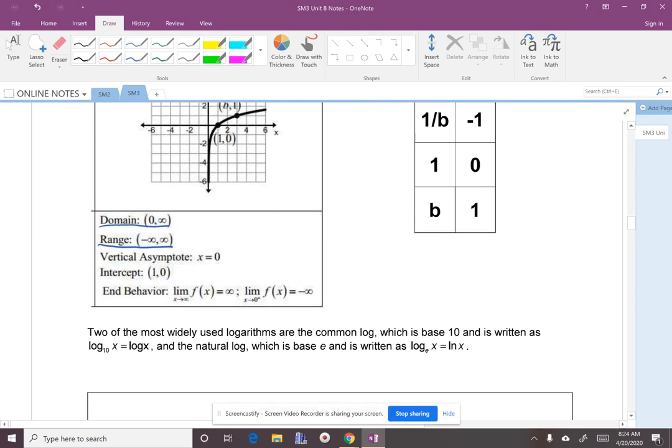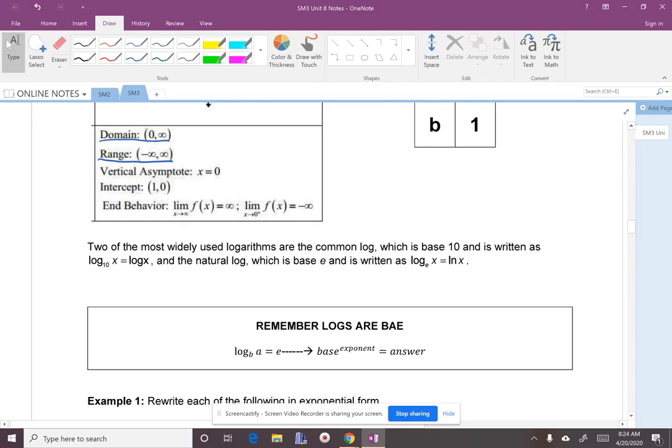Here are some interesting points that you need to be aware of. Two of the most widely used logarithms are the common log, which has a base of 10 and is written as log base 10 of x, or log of x. This is the button that's on your calculator. You can only use that button when it's base 10.